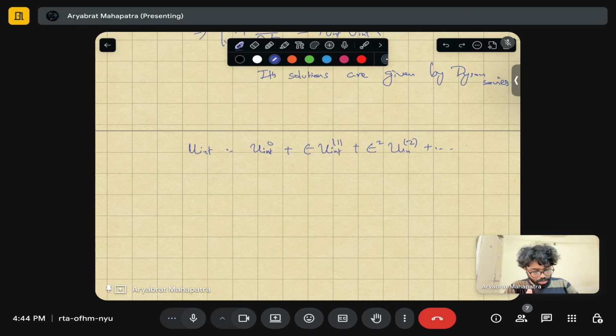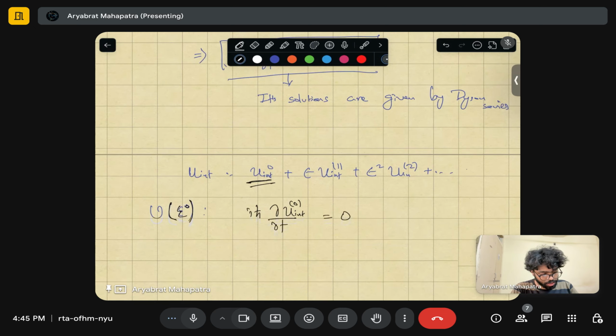For example, for order epsilon 0, I'm talking about u int 0, it will be i h bar del u int 0 by del t equal to 0.